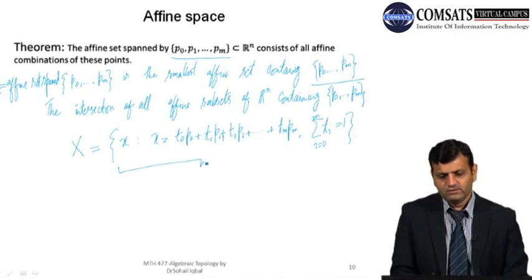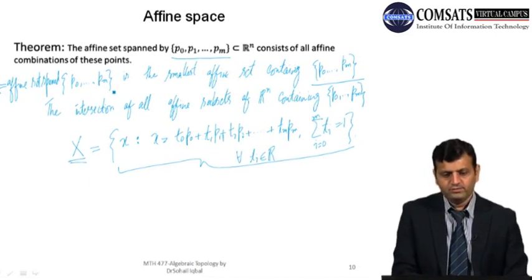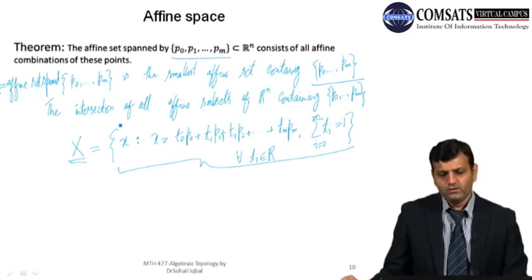So this set is the collection of all affine combinations, for all Ti belongs to reals, and this set, the collection of all affine combinations of P naught up to Pm, is in fact the affine subset spanned by P naught up to Pm. So this is a very important result. So now we can compute the points of the affine subset spanned by a collection of points.